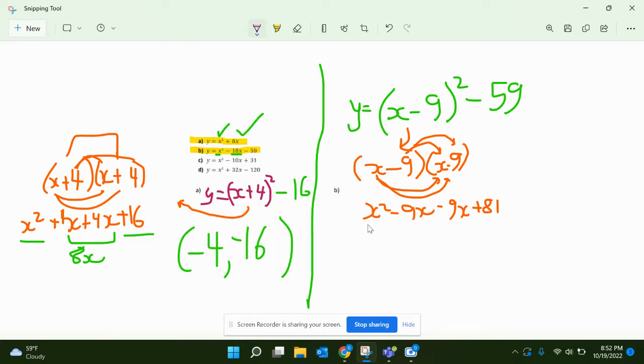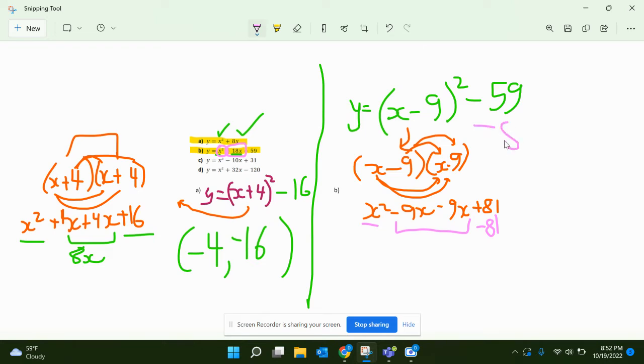Let's use pink. Okay, I've got an x squared. I see here I have an x squared. This whole thing is minus 18x. I've got a minus 18x, so that's good. I have a plus 81. I notice over here I have a minus 59. So I'm definitely going to have to subtract 81 from the entire function.